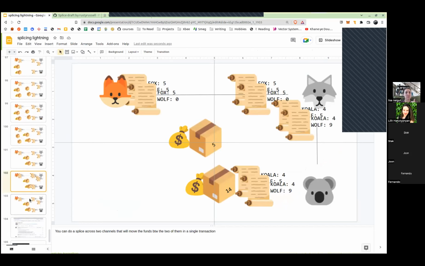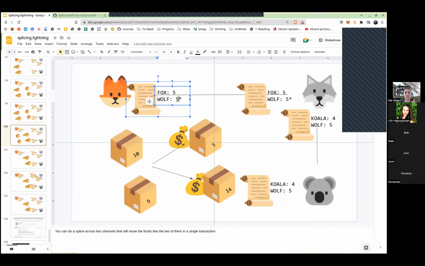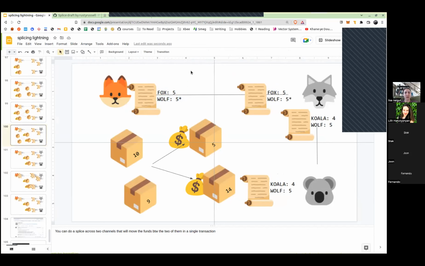So if this 5 was actually leased out to the Fox for a week or 2 or 4 weeks, then you really aren't able to deploy this capital anywhere else until either the Fox gives you permission to close the channel, which they probably wouldn't, or the 4 weeks runs out anyways.